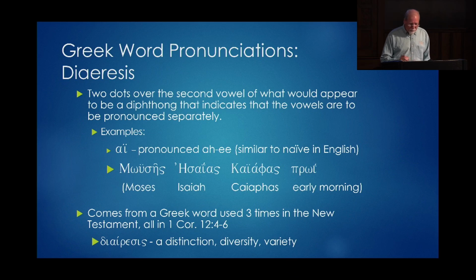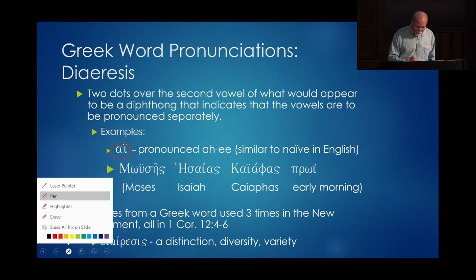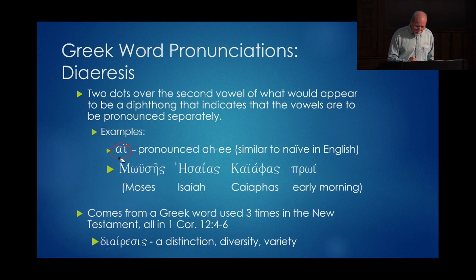Okay. Now, do we know what a diphthong is? What if you put two vowels together and they're not supposed to be pronounced in a unique way? Then they have what's called a diaeresis. A diaeresis looks like this, with the two dots. Maybe I should get rid of some of my drawings so we can see it better. There we go.